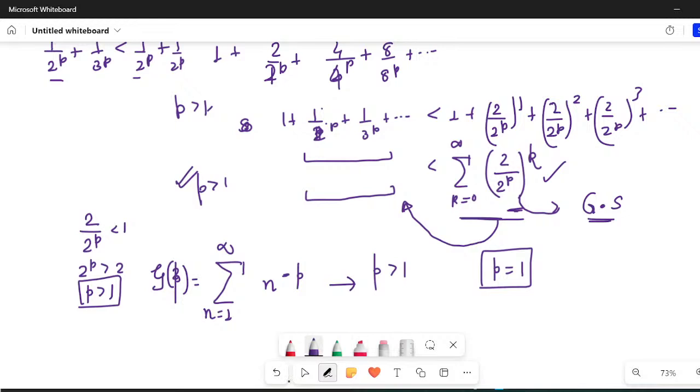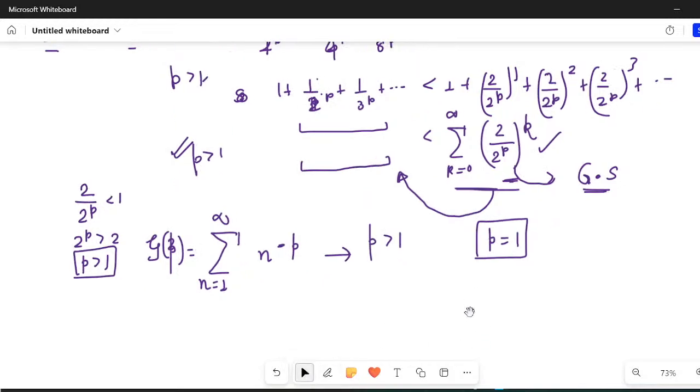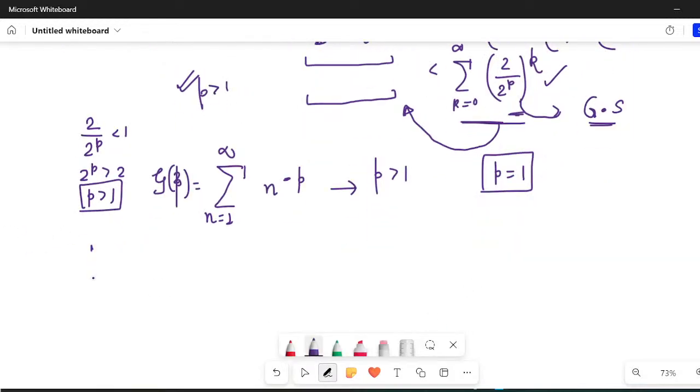And if I want to write about this, see, what happens if p lies between 0 and 1? Just pay attention to what I'm saying. 1 plus 1 upon 2 to the power p plus 1 upon 3 to the power p and so on up to 1 upon n to the power p.